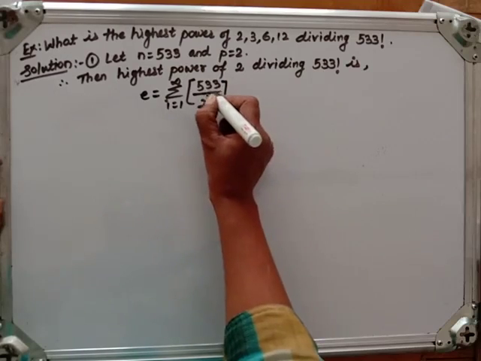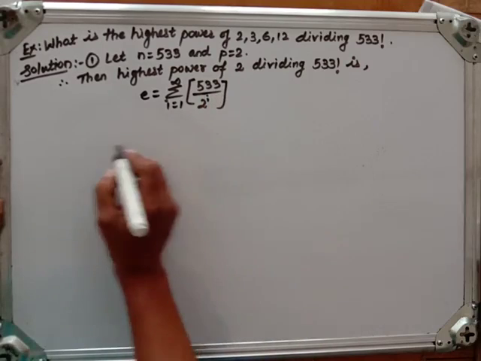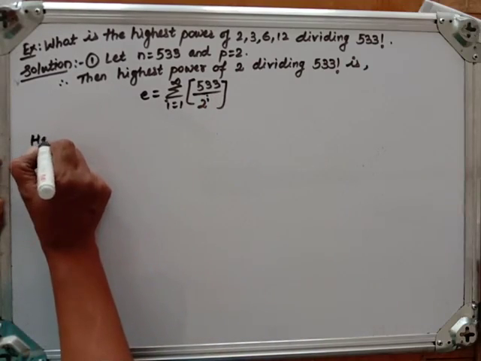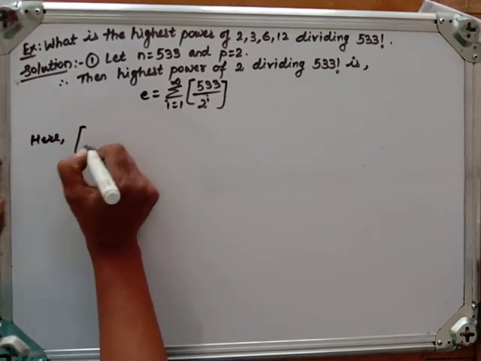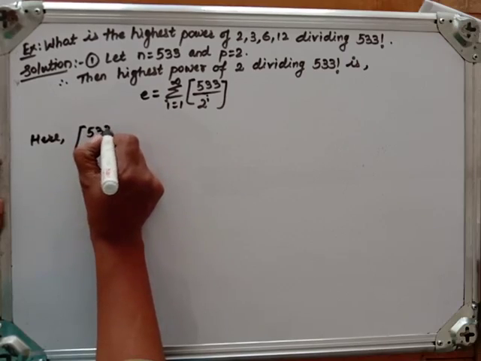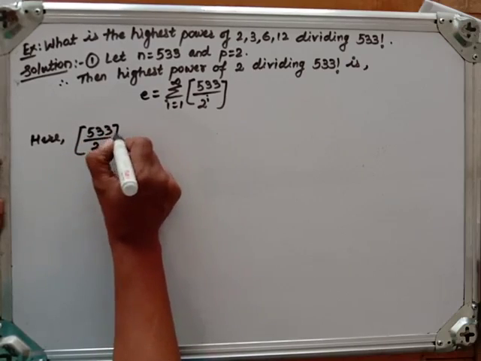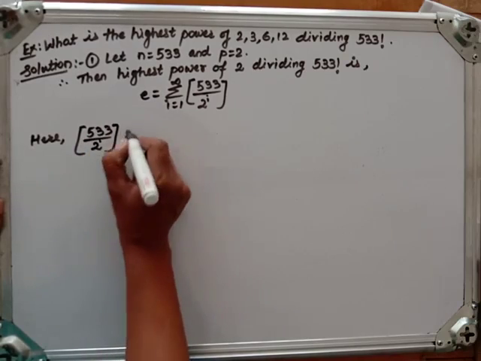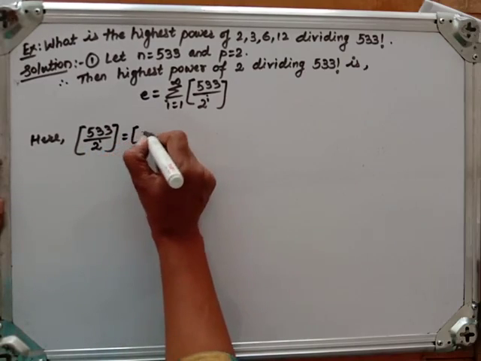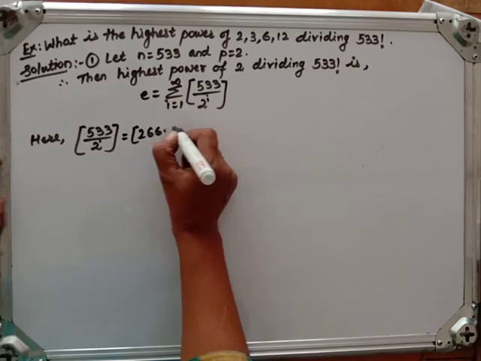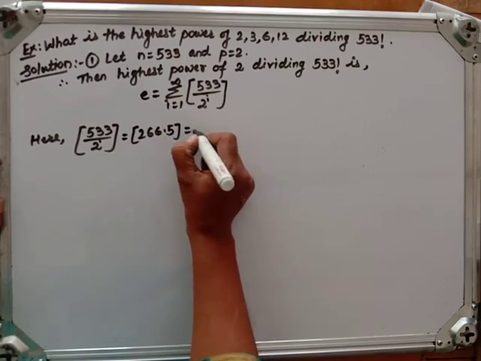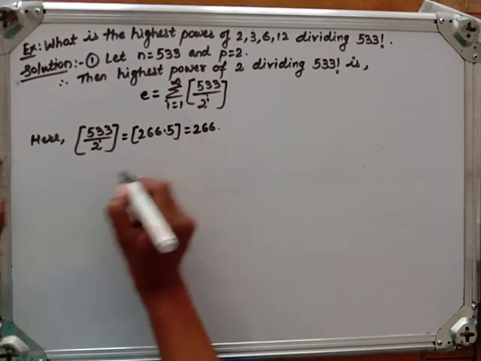Now here, 533 upon 2, that is 2 raised to 1, so this is 266.5. So it is 266.